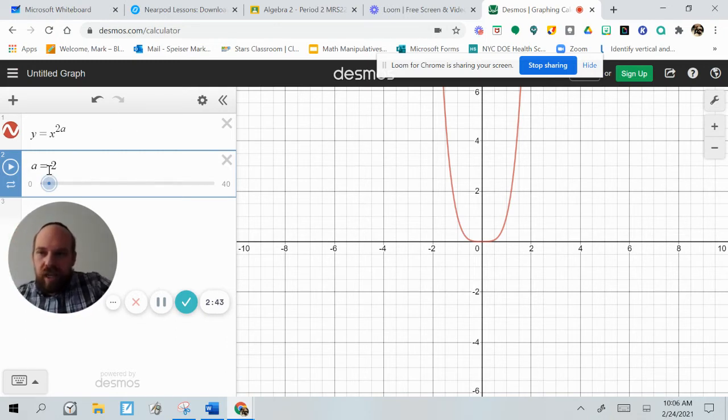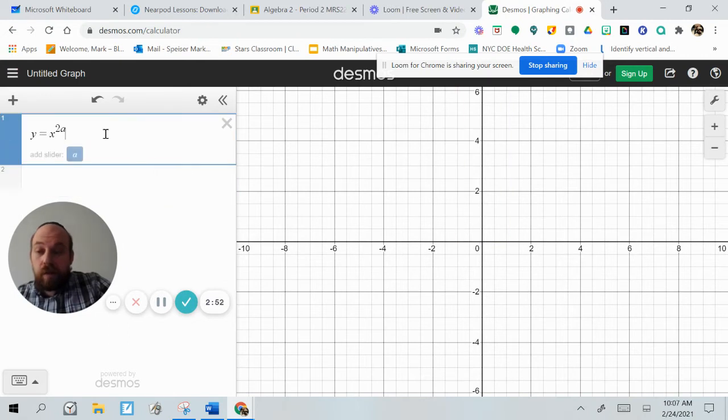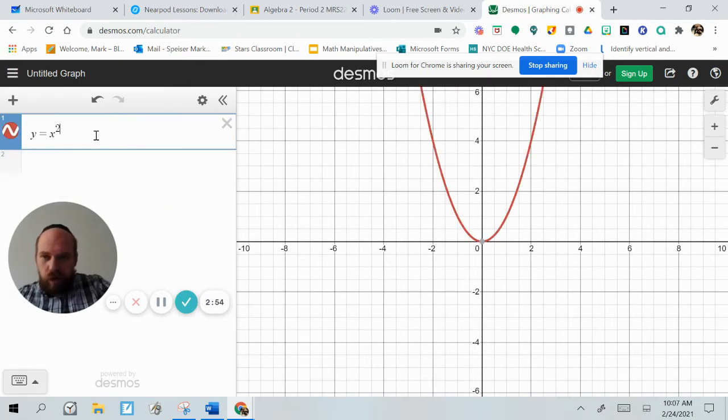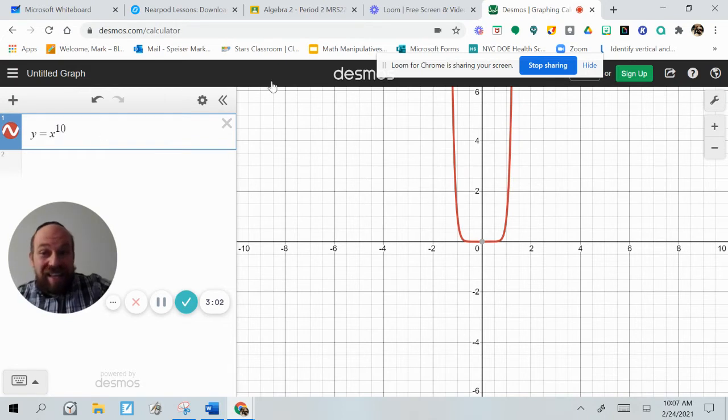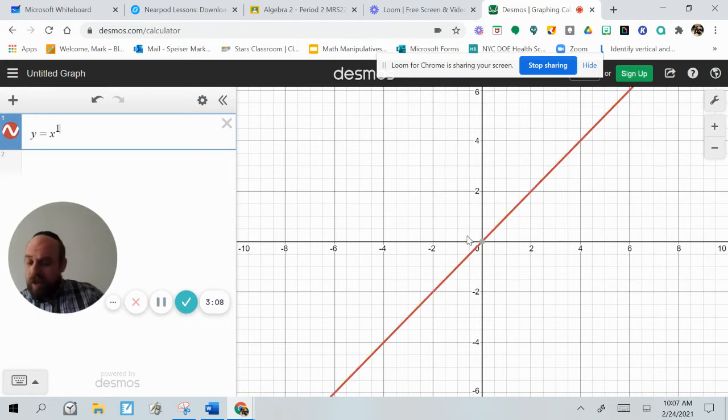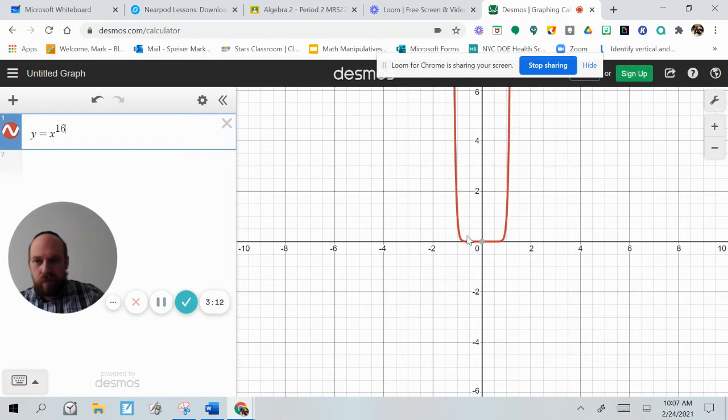It's x squared, x to the 4th, x to the 6th, x to the 8th, x to the 10th, etc. And as the power increases, you'll notice this turning point becomes much, much wider, and even comes to be known as what we call a bend point.